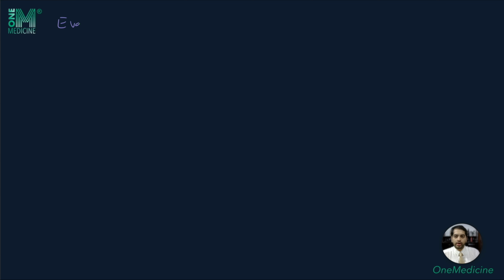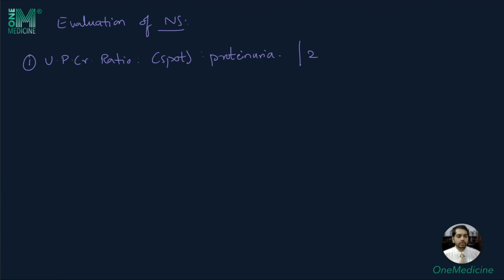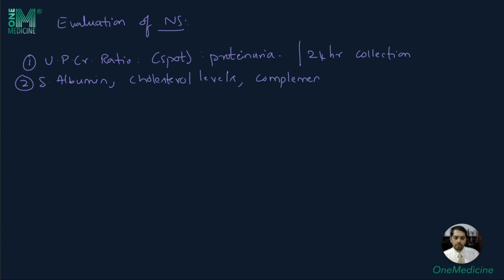As an overview of evaluation of nephrotic syndrome, the patients need to undergo urine protein creatinine ratio. This is a spot method to look for proteinuria level. The alternative is 24-hour collection of urine. Patients also need to undergo serum albumin, cholesterol levels, and even complement level assays.